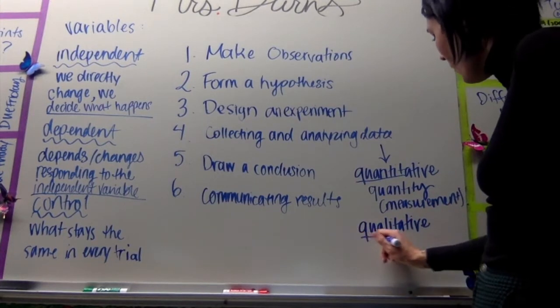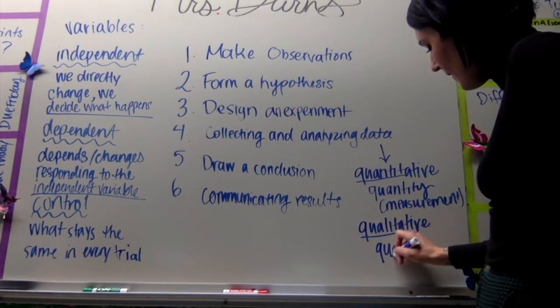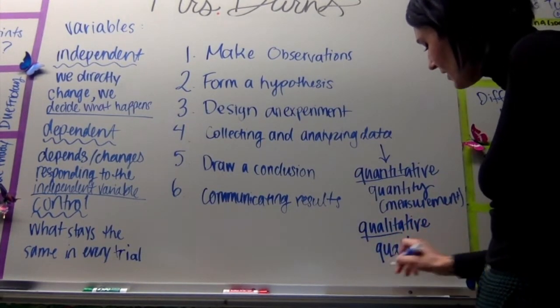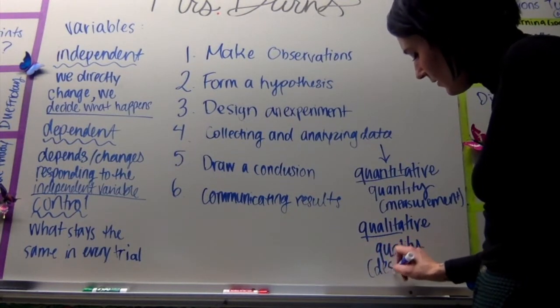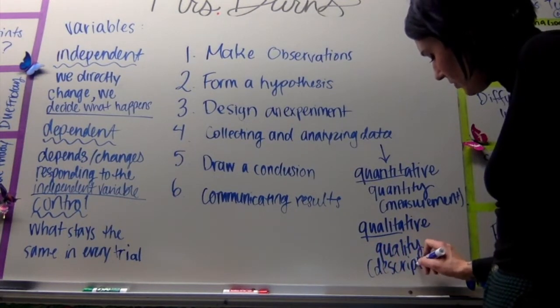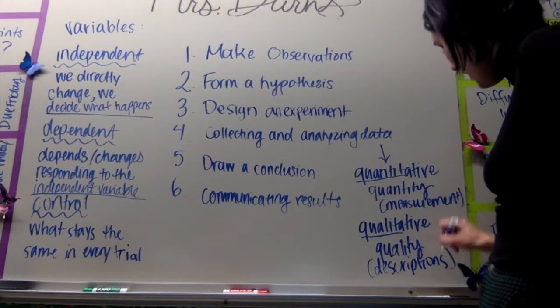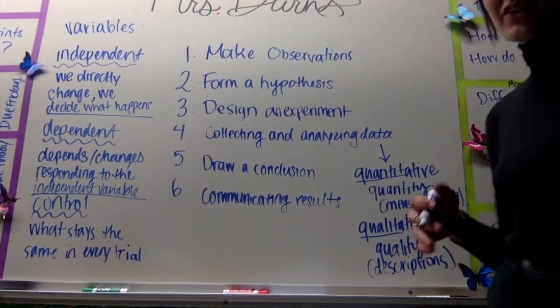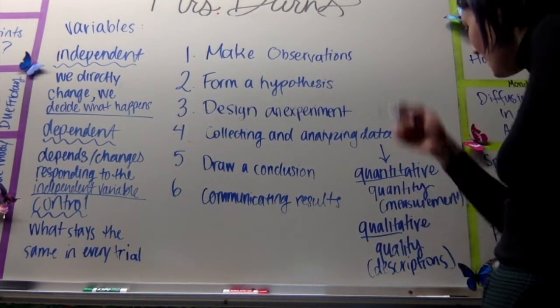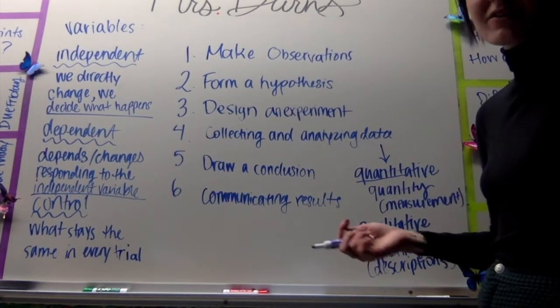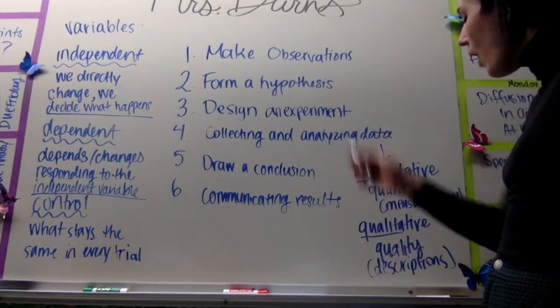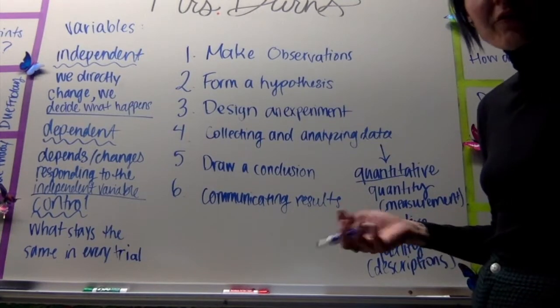Qualitative is measuring quality. And so these are like traits and descriptions. So you could say, for example, if you were looking at a flower petal, quantitative would be how many flower petals there are. There's 5 flower petals. Qualitative would say, and they're yellow or they're orange.